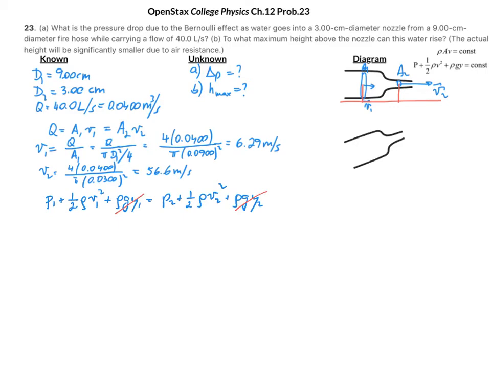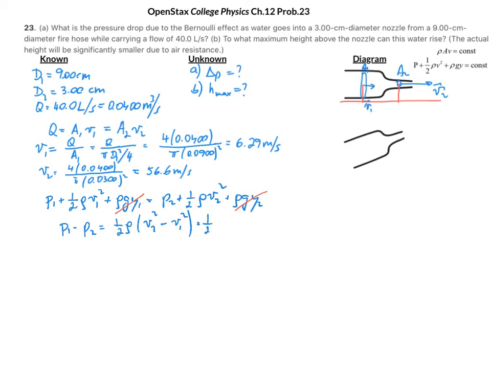Now what I'm looking for is the pressure difference. So P1 minus P2 will be 1/2 rho times V2 squared minus V1 squared.